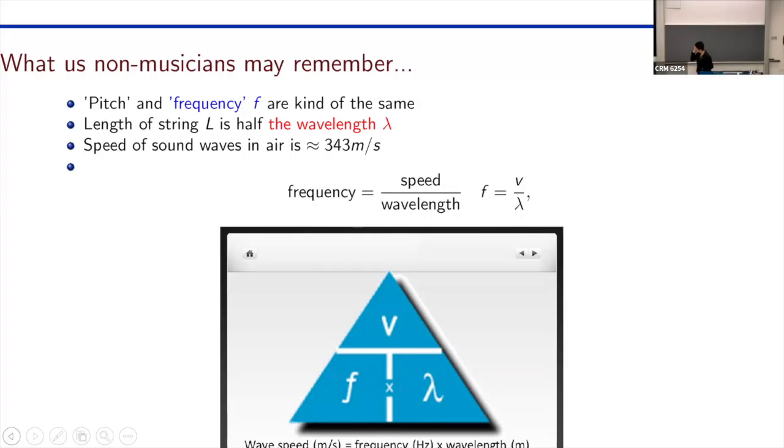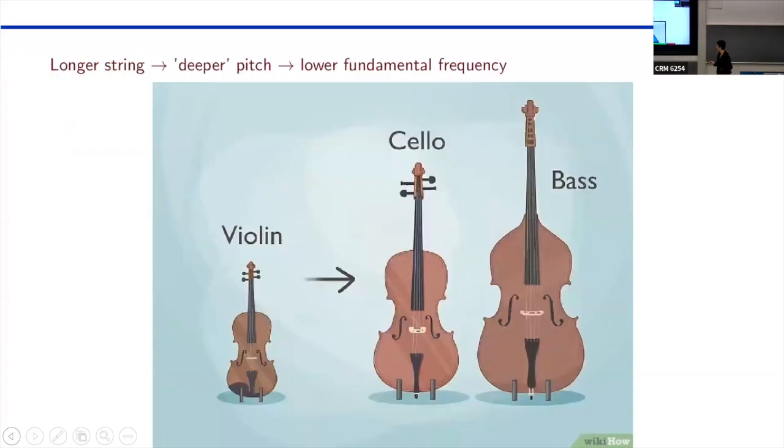So if you decided that the v, the velocity or the speed that you're going to put in, is the speed of sound waves, well, then all we're playing with is the length of the string, and the length of the string is half the wavelength. If I had a violin, I kind of know intuitively that the pitch is higher than the bass.